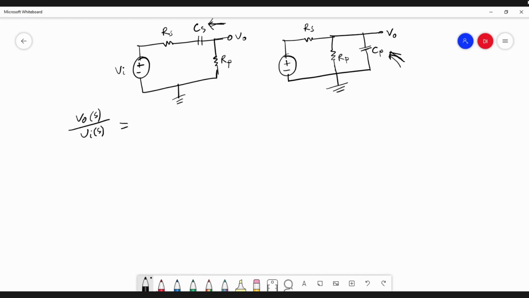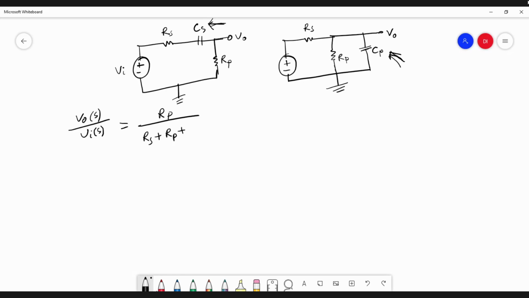Sir, Rp divided by Rs plus Rp. You have to apply the voltage divider rule simply. Yes, simple voltage divider rule.